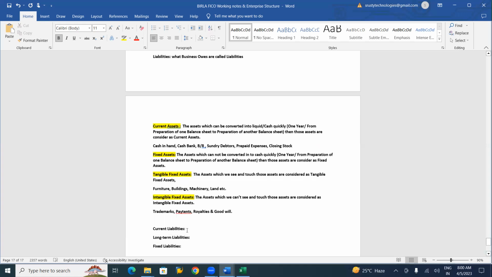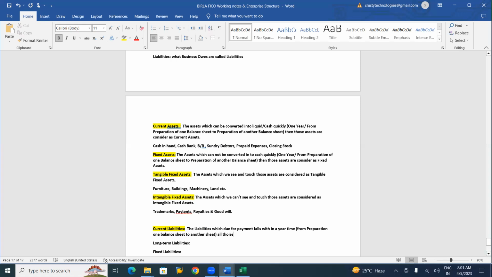For example, what do you mean by current liabilities? Current liabilities are nothing but the liabilities which are due for payment within a year's time, that is from the preparation of one balance sheet to another balance sheet.